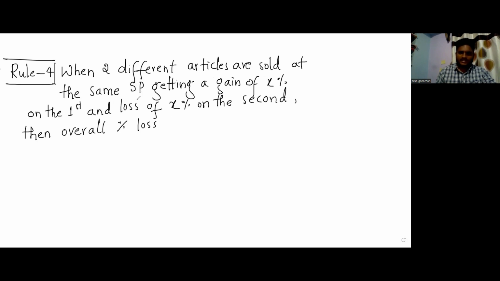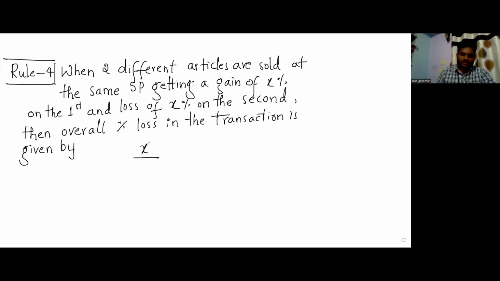When we are selling it at the same price, and once we are getting profit and once we are getting loss, overall it will be loss. Remember this. Overall loss in the transaction is given by X square by 100%. So very important. Mark this also as very important.